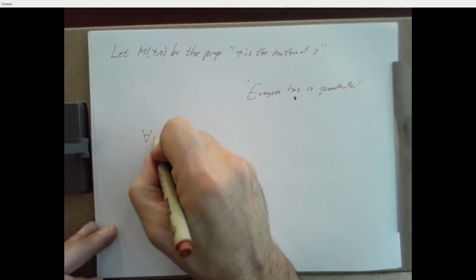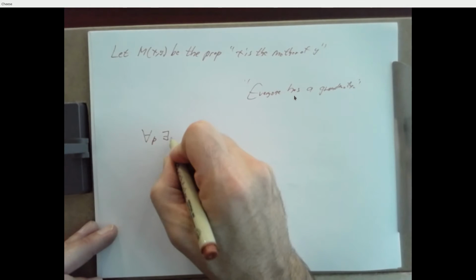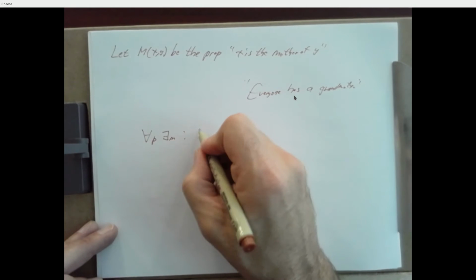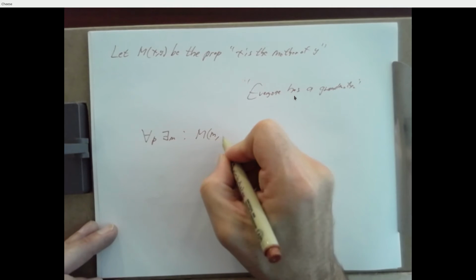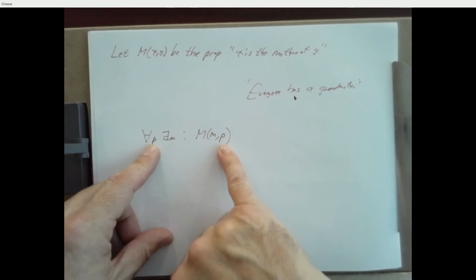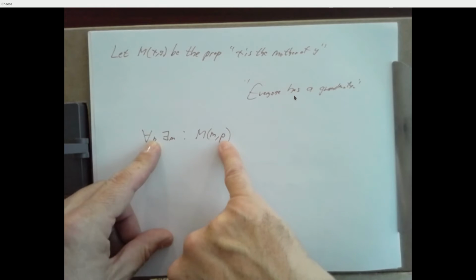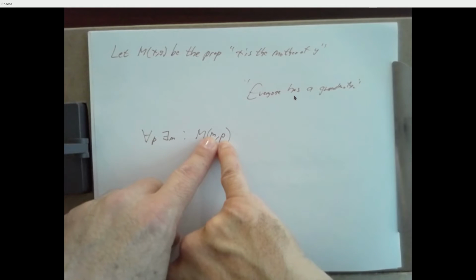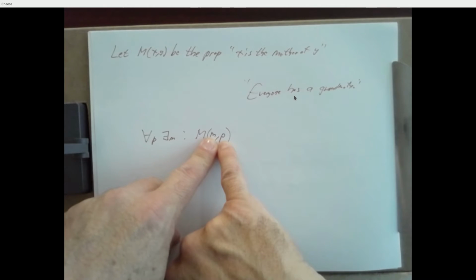So for all people, there exists a person such that M is the mother of that person. So that's the predicate logic version of everybody has a mother. All right, for all people, you can pick any person you want, that's P. We can find some person M who is their mother.